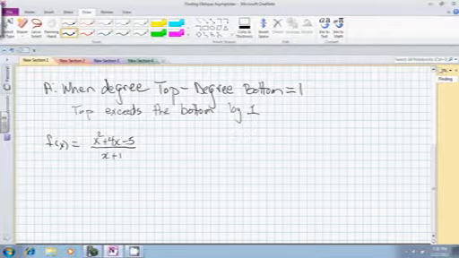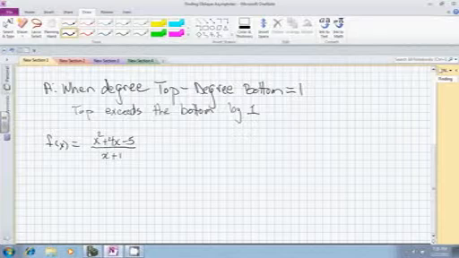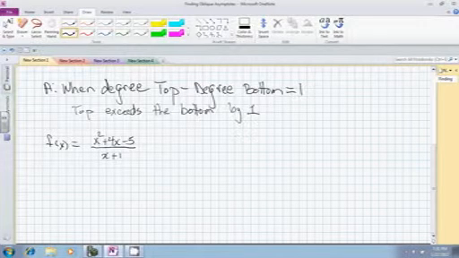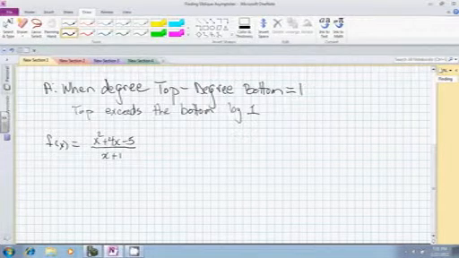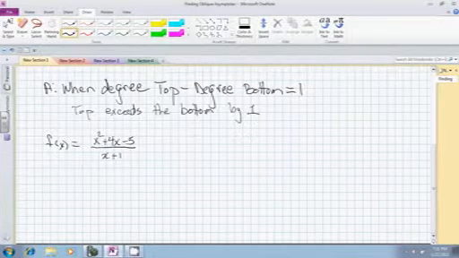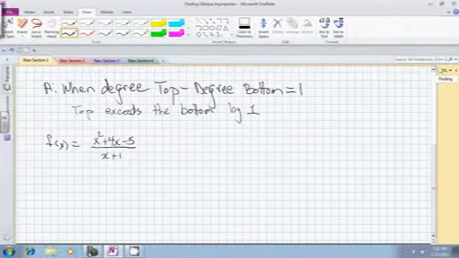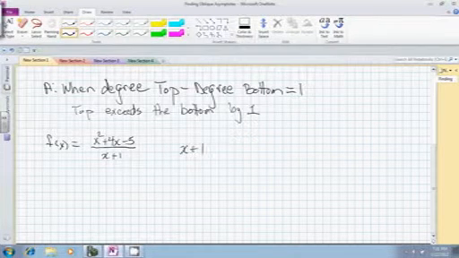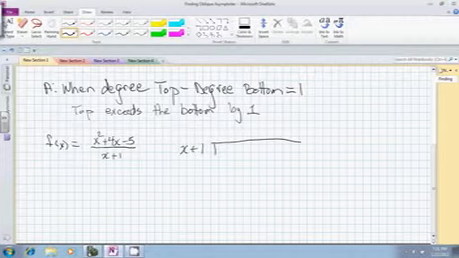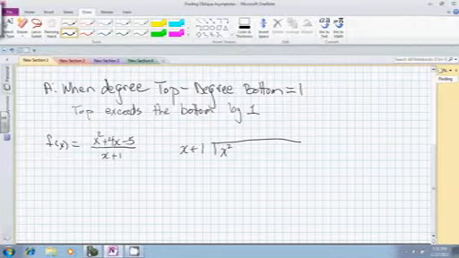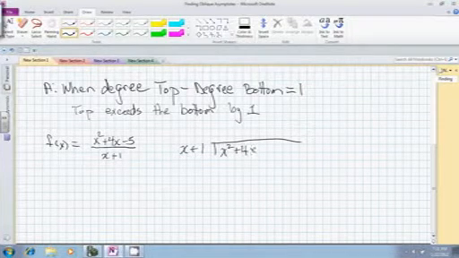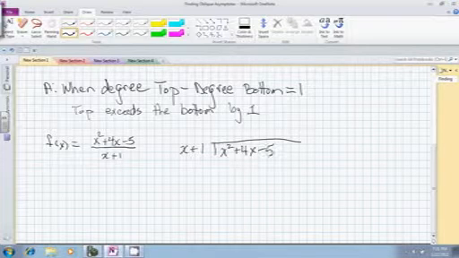Okay, so if you notice, the degree of the top is 2, the degree of the bottom is 1. So now that we know when they exist, how do we find them? So you find it using polynomial long division. So we're going to take x plus 1 and divide it into x squared plus 4x minus 5.